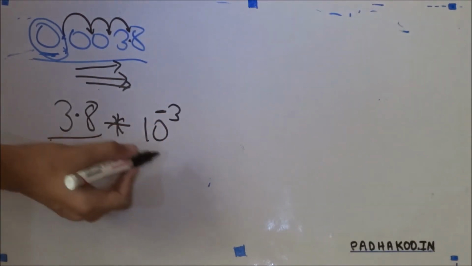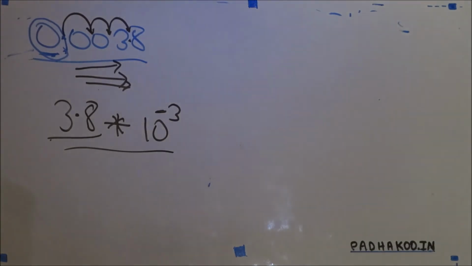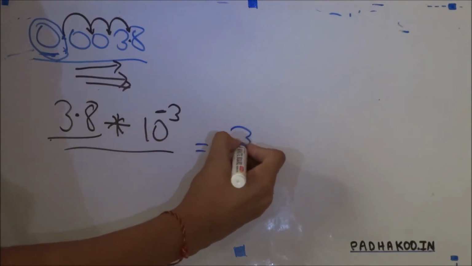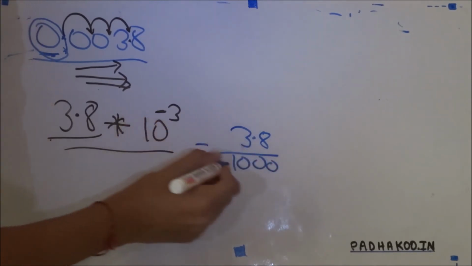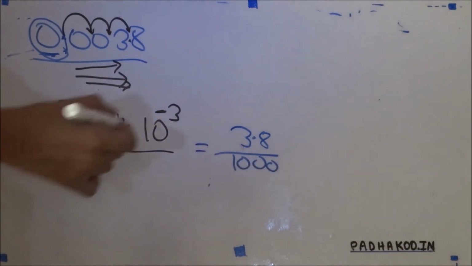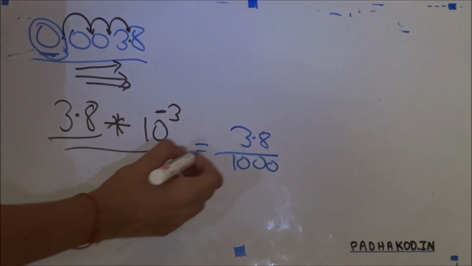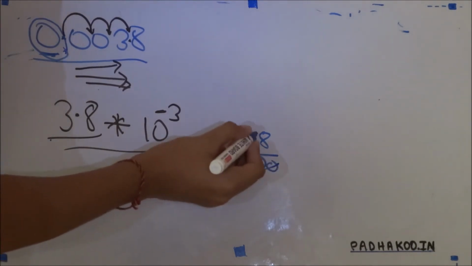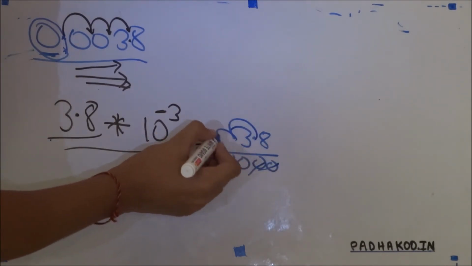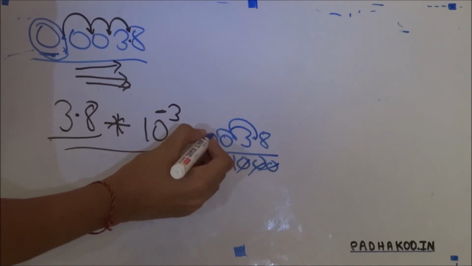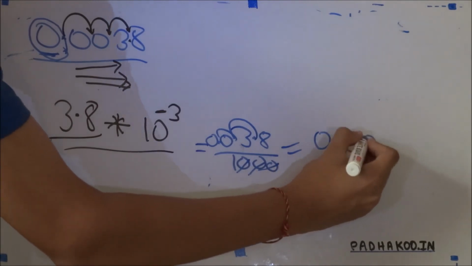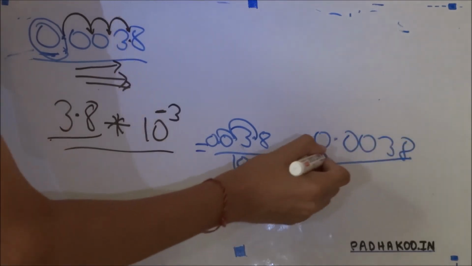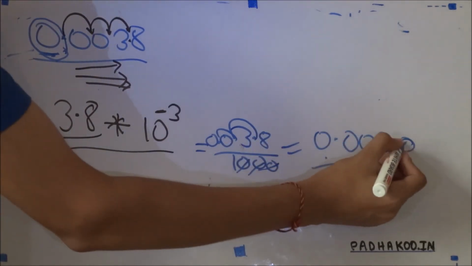Even if we try to solve this, we get 3.8 upon 1000, since 10 to the power of -3 is obviously 1 upon 1000. Getting this 0 here, let's put this back here, 0, 0. So we get the same thing. Oops, that's an 8.